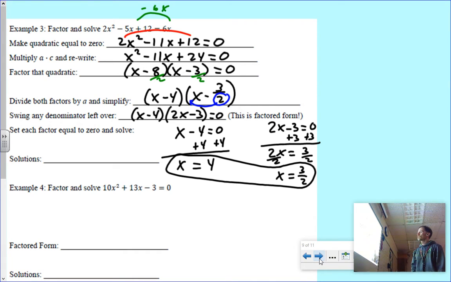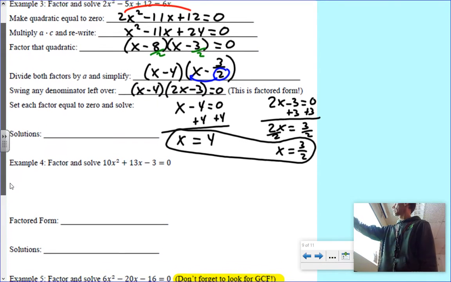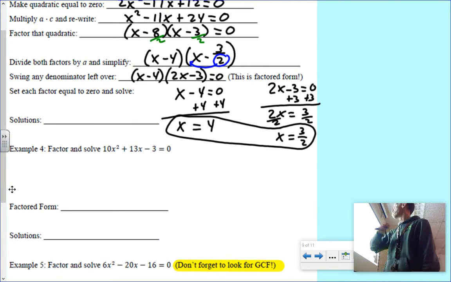Okay, I'm going to ask you now to pause the video and do example 4 by yourself, and then I'm going to zip through the process and the answer real fast. So, it's already equal to 0.